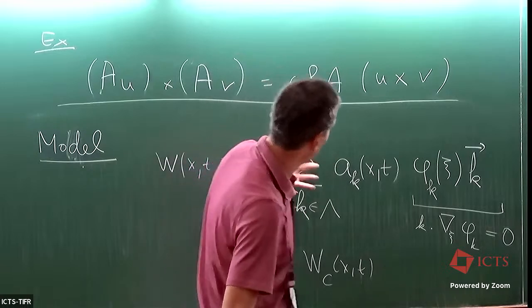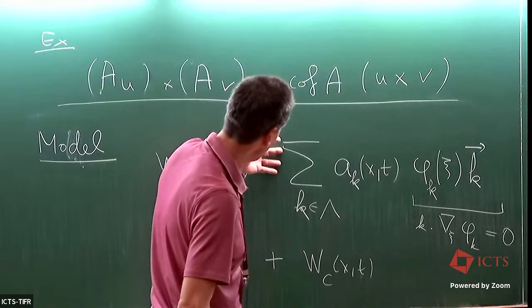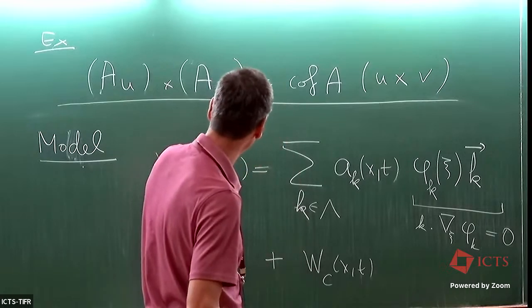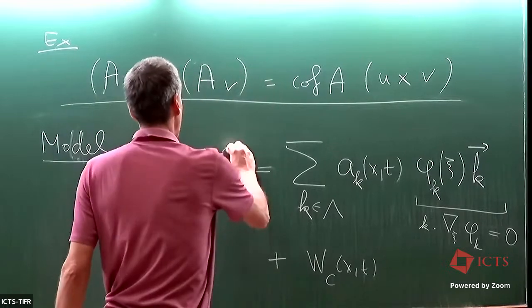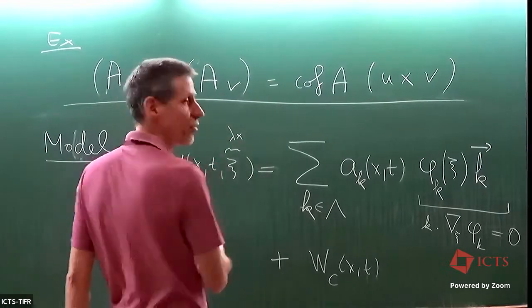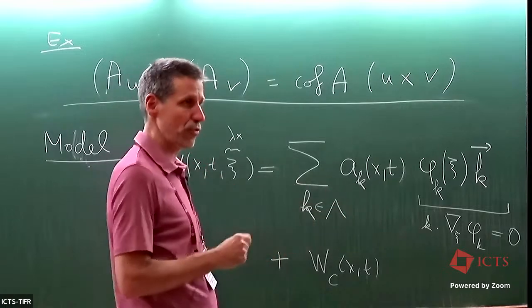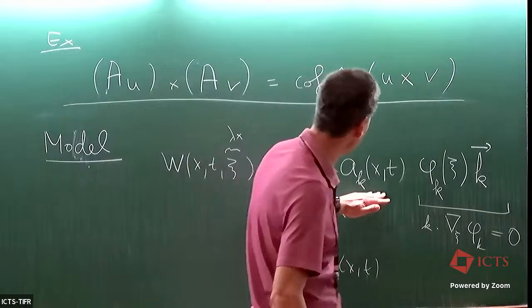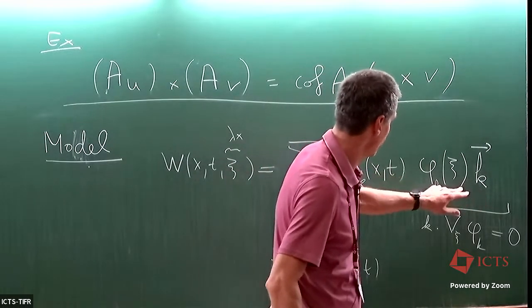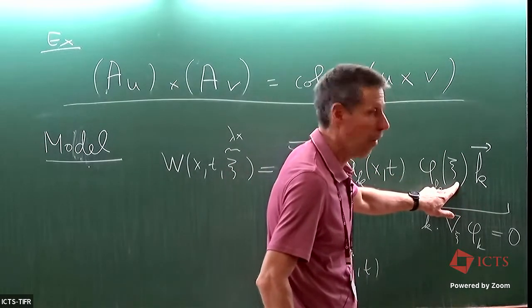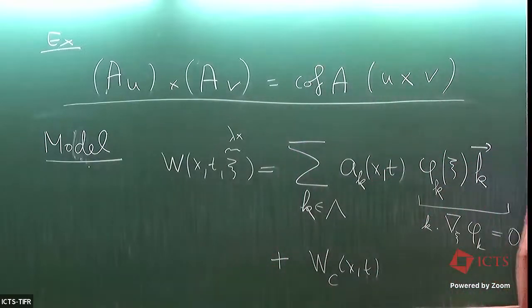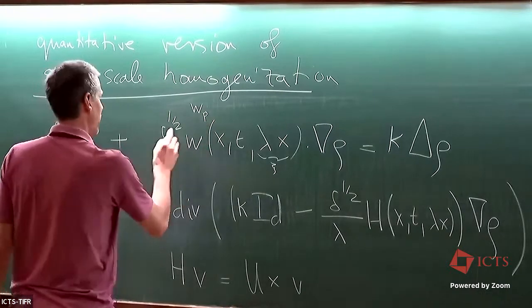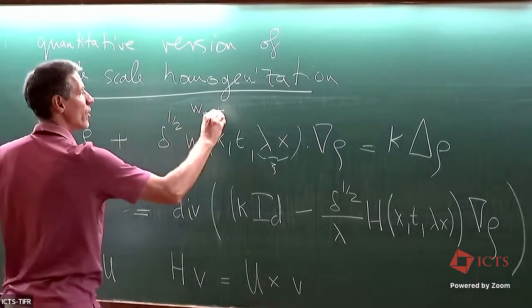This is sometimes called the principal part of the perturbation. It is just there to make sure that this sum, whenever I put lambda x and consider it as a function of x and t, is divergence free. One way to do that is to look at the vector potential of this. So this W would be the W principal part, which is the Mikado flow, plus the W corrector.